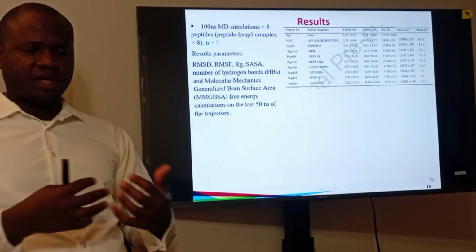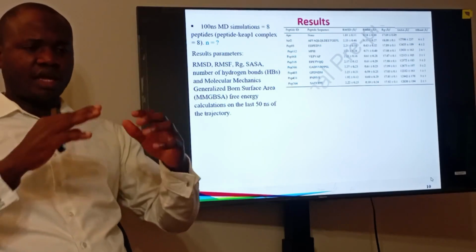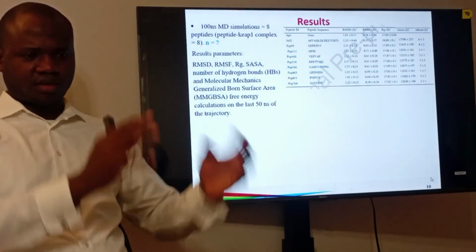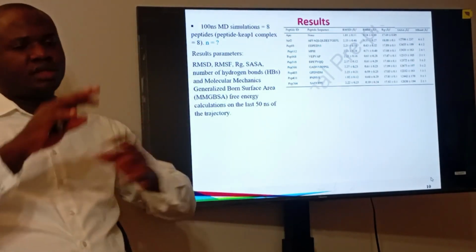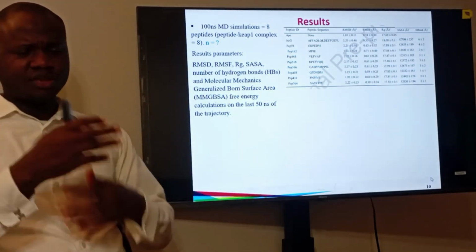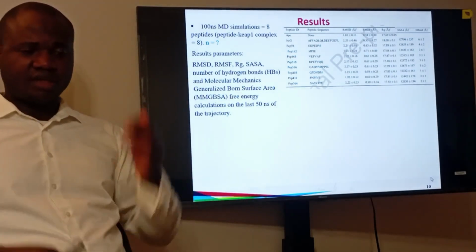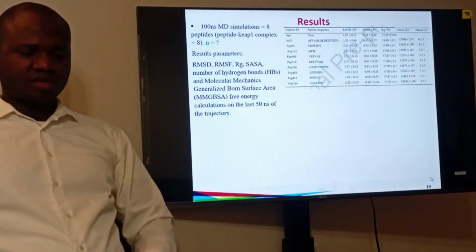How do the amino acid residues position themselves? Is it that the hydrophobic side clusters on one side while the hydrophilic side clusters on the other? So these help us to predict how the peptide behaves in physiological situations or in solution.